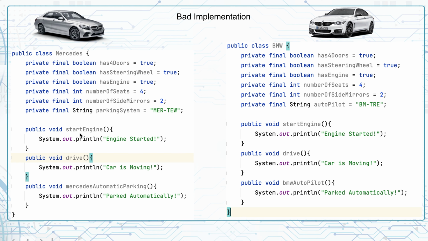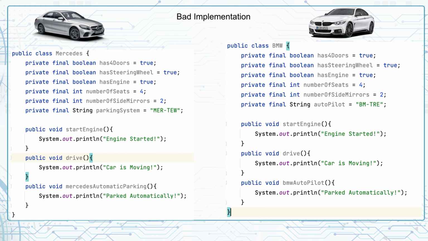And in methods, they both have a start engine and they both have a drive. There are some differences here. The Mercedes has a parking system while the BMW has an autopilot. So as we can see, there are common things and there are some differences. Now here we are repeating ourselves when we write those attributes 2 times. So that's considered a bad implementation.